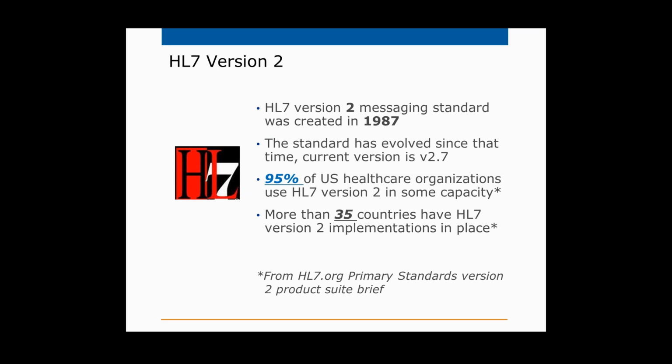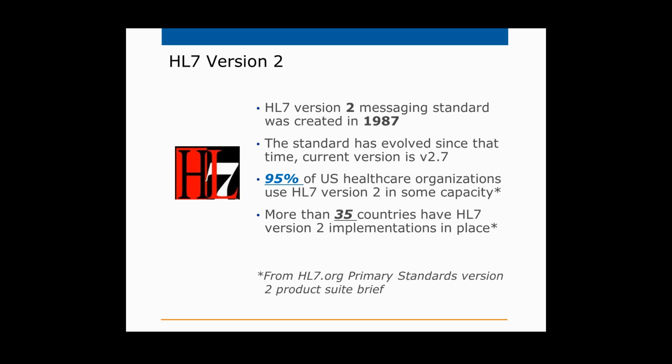Taking a quick look at HL7 version 2 and its history, because that leads into version 2.5.1. As HL7 comes out with a new version of each standard, they assign it a number, and the family that we're looking at today, the base version, is version 2. So version 2.1, 2.2, 2.3, etc. We're in the version 2 family today.